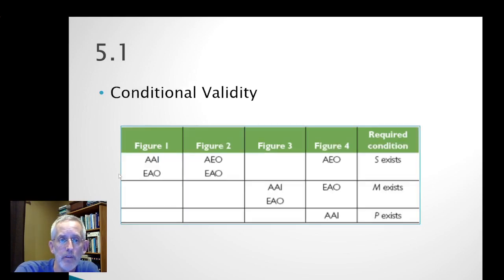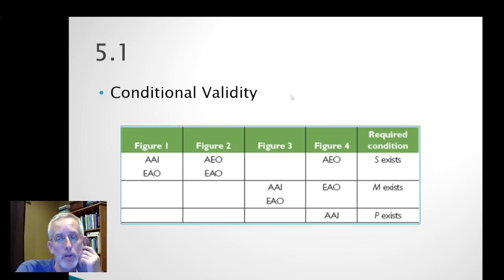Now, there are these others that are conditionally valid, part of these 24 that are valid. So these are conditionally valid based on how you interpret one of the categorical propositions in these particular structures. And we'll look at this in more detail when we look at our rules for validity here in a second.